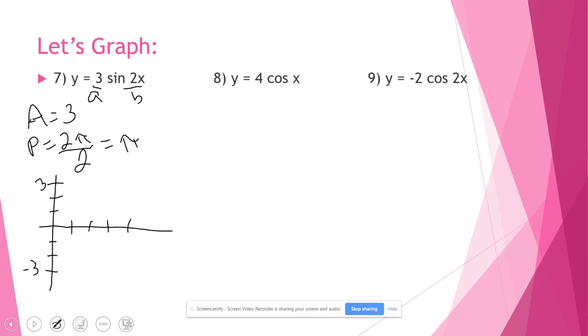What will change is how these points are labeled. So because our period is pi, our fourth point here has to be pi. And then you need to label at least one more point. So halfway between pi and 0 is half pi.